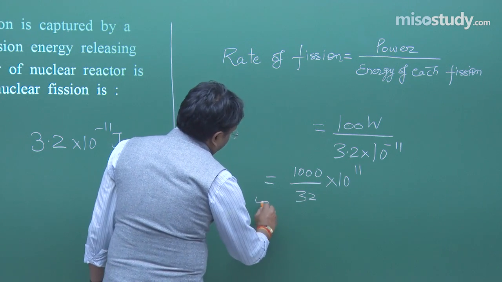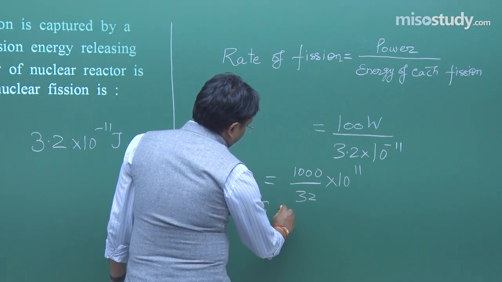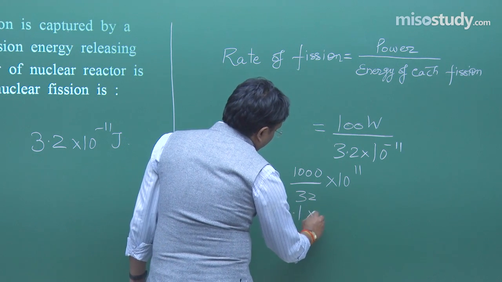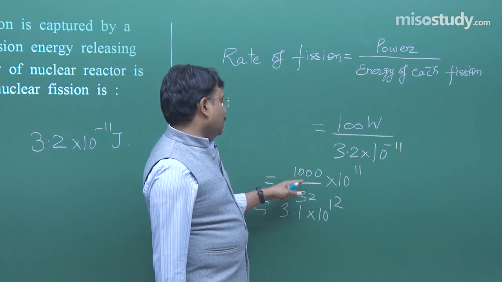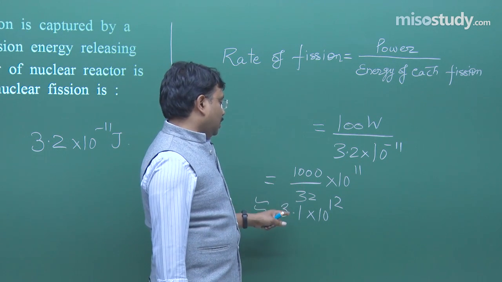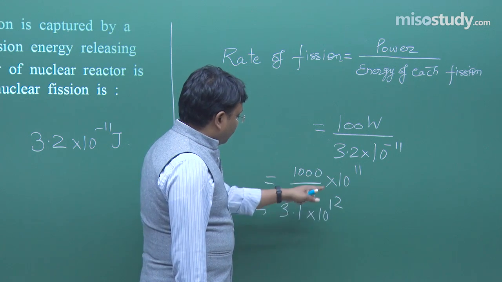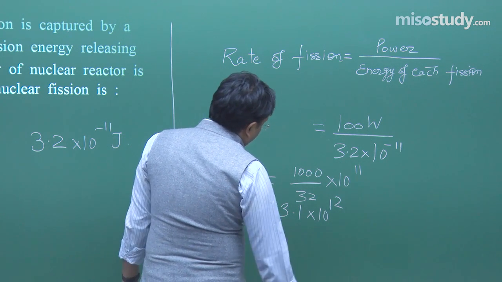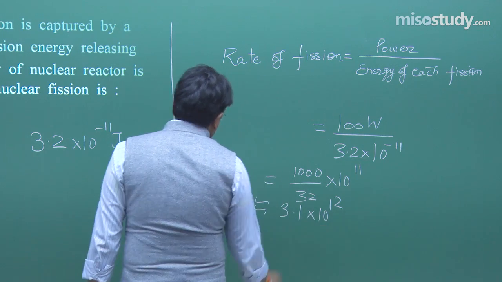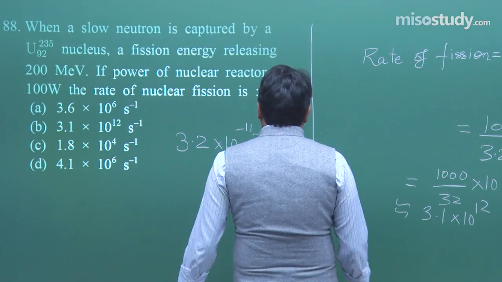Ultimately, after solving, I will get the resultant as 3.1 into 10 to the power 12, because when I divide 1 by 32, I will also get some numbers with decimal places. So, we have to replace those decimal places. So, 3.1 into 10 to the power 12 is the correct answer. So, B is your correct option, fine.